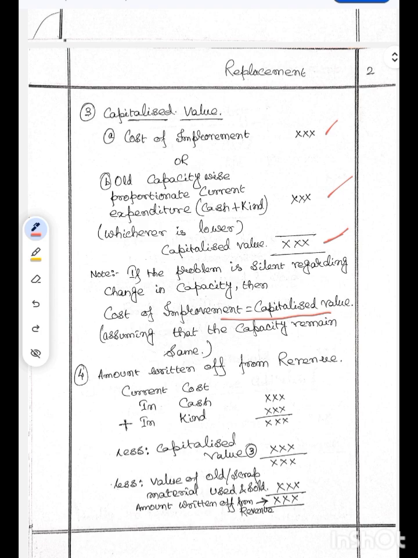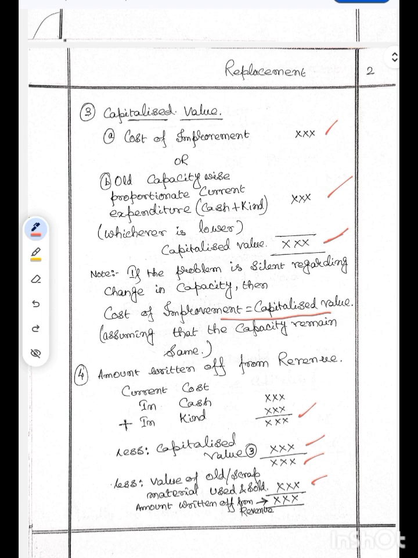Next, our last calculation, amount written off from revenue, that is current cost in cash plus in kind. Those two points are considered, and thereafter we deduct the capitalized value, and from this we also deduct the value of old or scrap material used and sold.